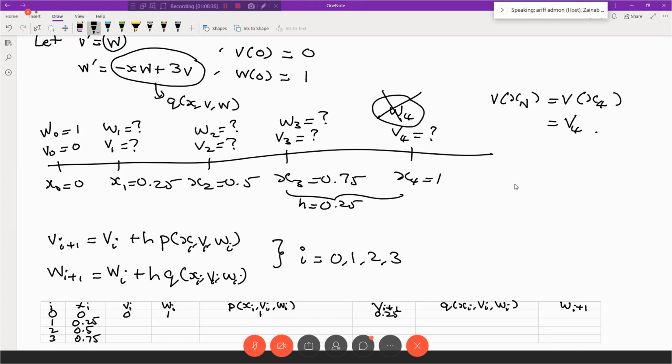So Q should be 0, isn't it? Yes. And then since Q is 0, W1 is 1. So copy these two values, V and W, so you put 0.25 here and 1 here. Once again, P becomes 1.